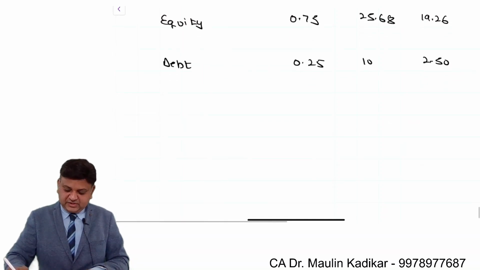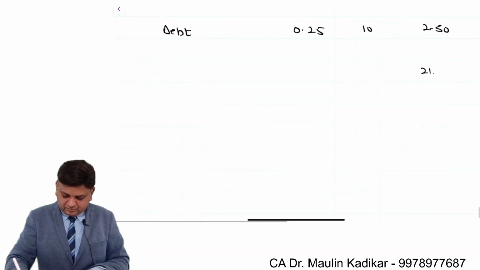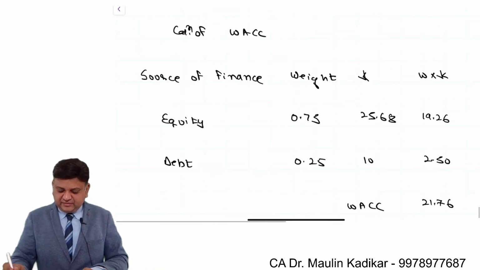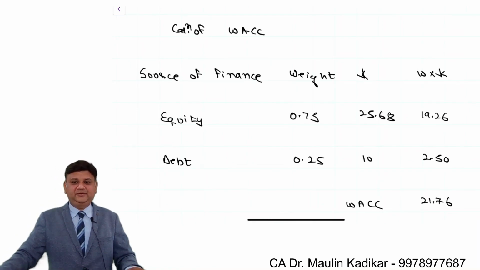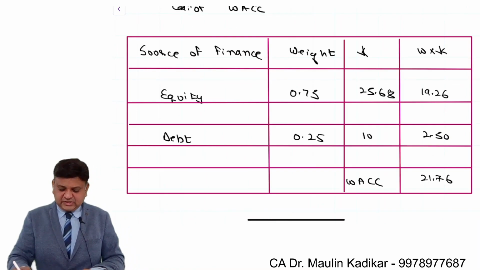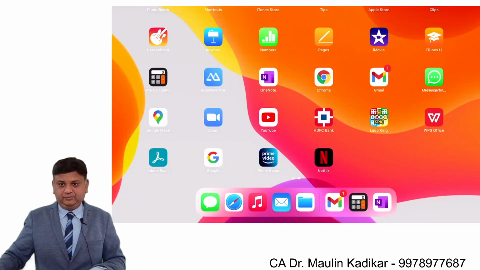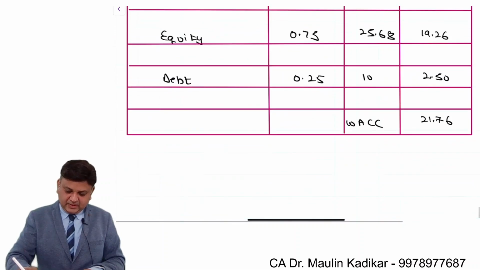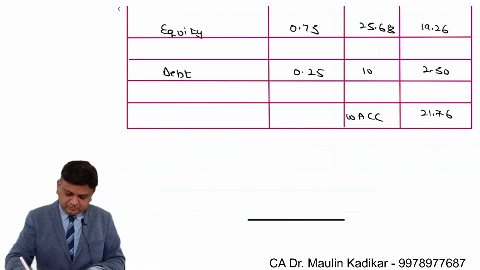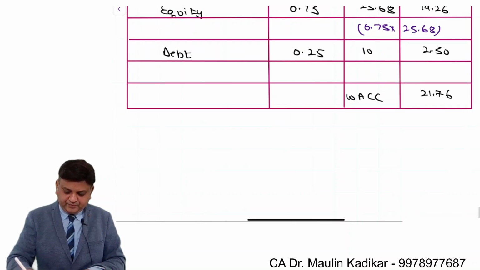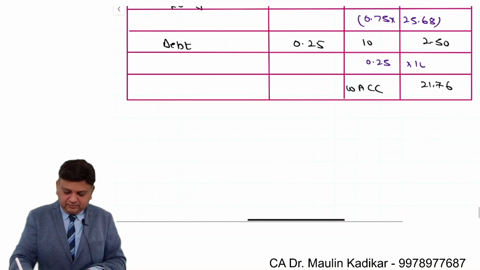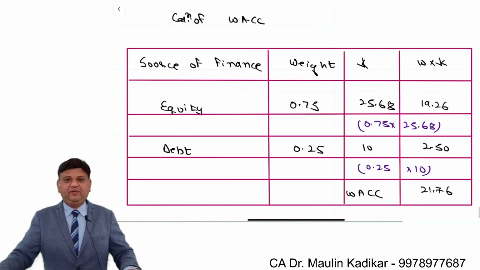So it is 21.76. That is the way weighted average or overall cost of capital is calculated. 0.75 into 25.68 and 0.25 into 10. That is the way we find the answer.